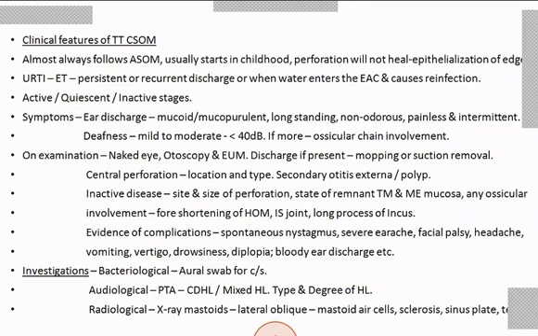Coming to the clinical features, first we consider the tubotympanic type of CSOM. This almost always follows acute suppurative otitis media, and usually the disease starts in childhood. Clinically it presents as a perforation which will not heal, because of epithelialization of the edges of the perforation.